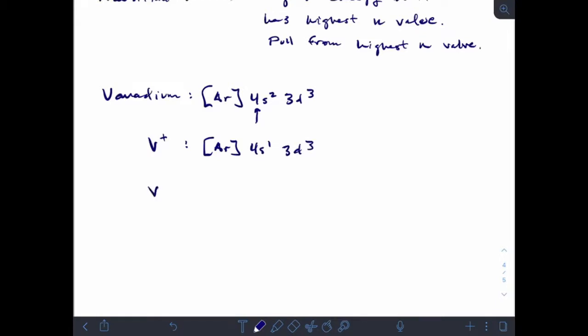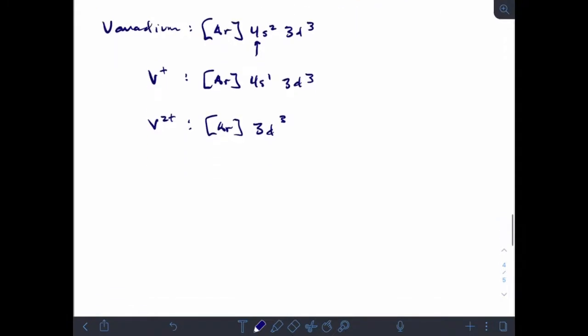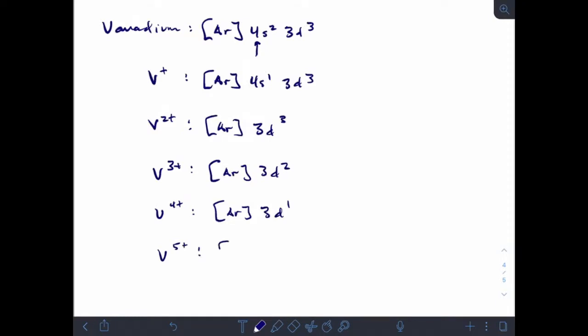If I go to vanadium 2 plus, it takes away that last 4s and just becomes 3d3. Now that I have no higher n values, as I continue to remove electrons, they just come out of the 3d. And vanadium 5 plus will just be argon.